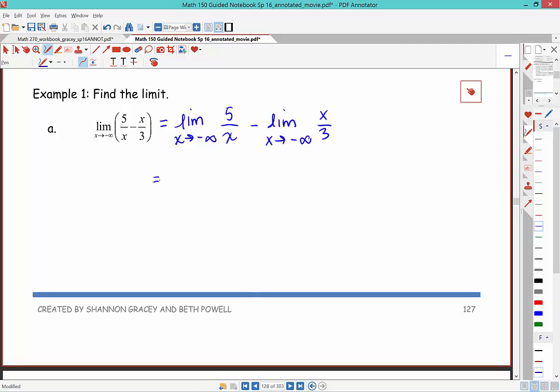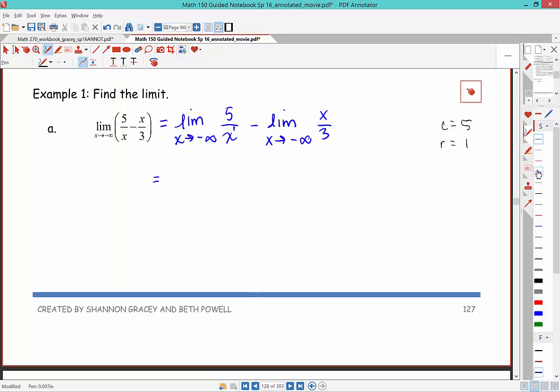Using the theorem that we learned earlier, do you guys see that x is the same as x to the 1? So if we do a little side work, c is 5 and r is 1.